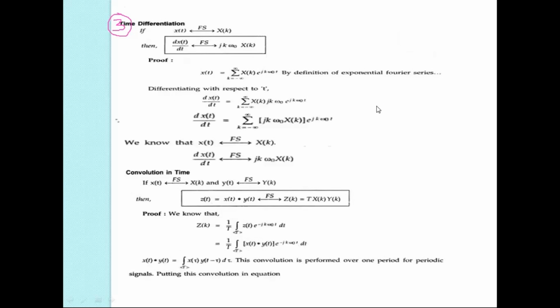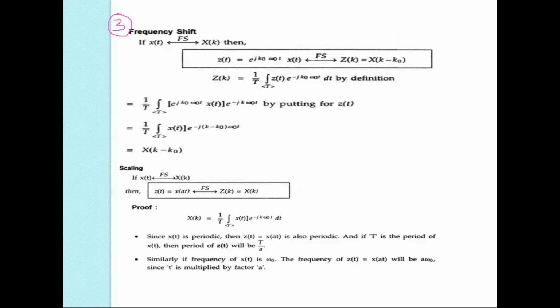Now the third one is the frequency shift property: x of k minus k naught. Let us see the proof.